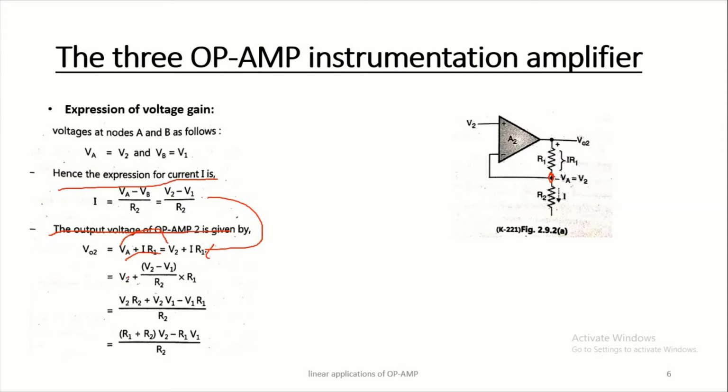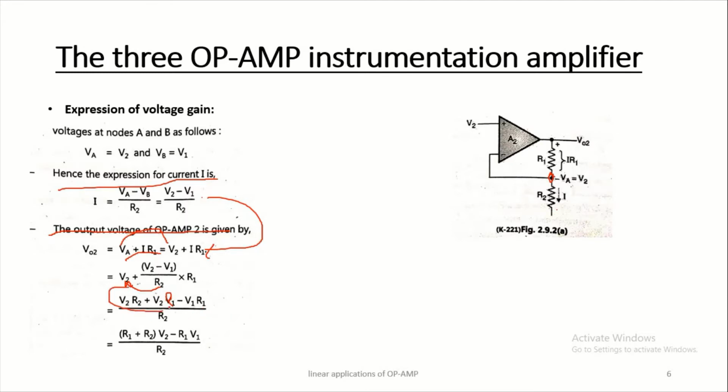So the equation becomes V2 plus (V2 minus V1) divided by R2 into R1. Now multiplying R2 with V2, so V2 R2, and opening the bracket, V2 into R1 minus V1 into R1, and the whole divided by R2.